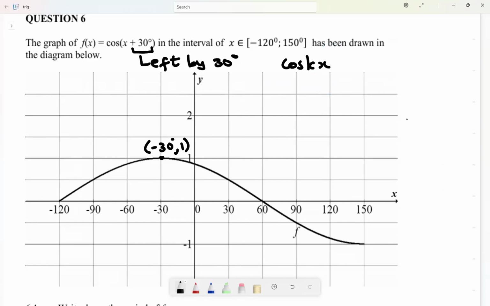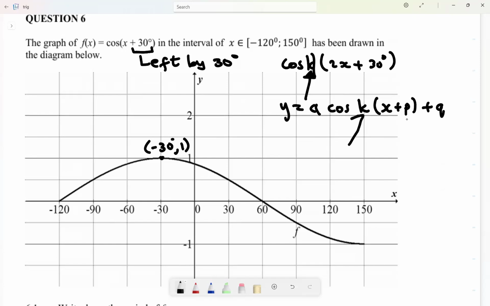Even if I were to have 2x plus 30, I do not check what is in front of x inside; I check in front of the bracket, because the formula says y is equal to a cos k, then whatever happens, plus q. So in front of the bracket.